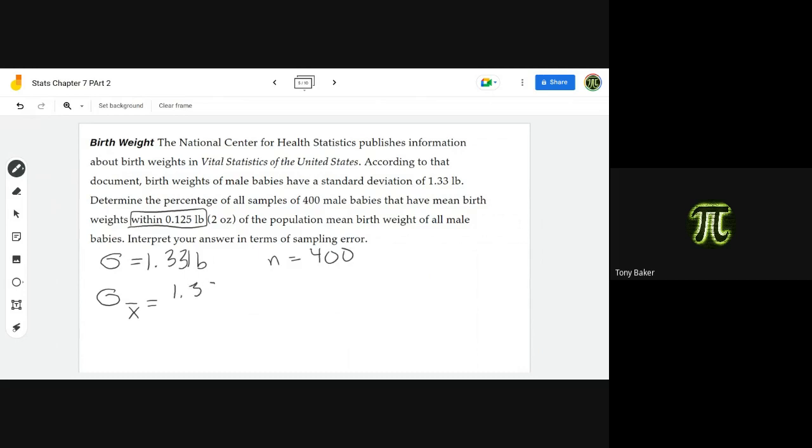Divided by the square root of 400. So we got 1.33 divided by 20. So we got 0.0665.